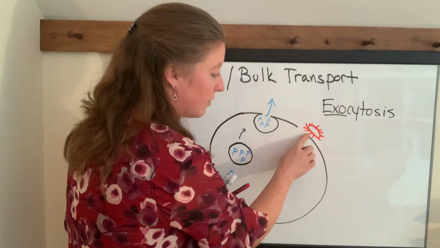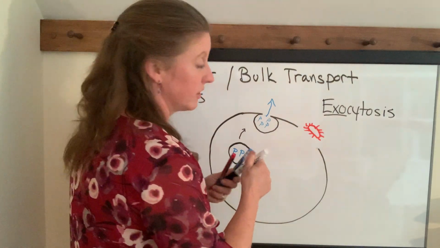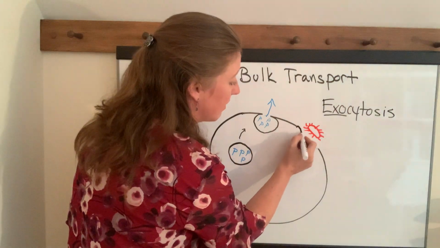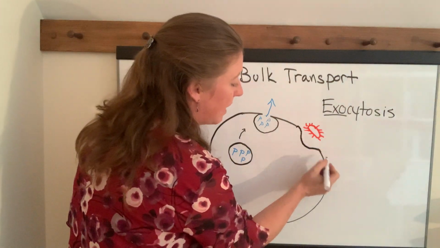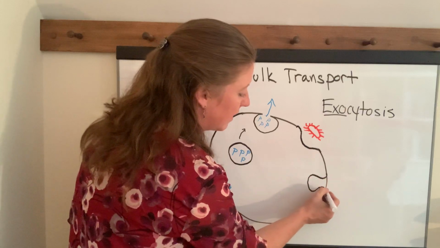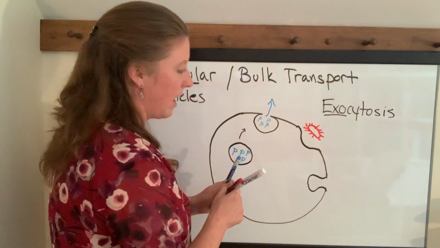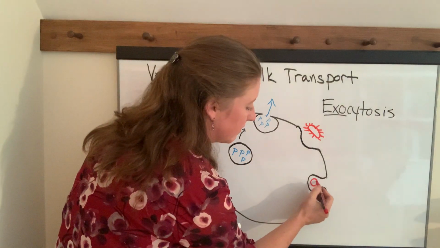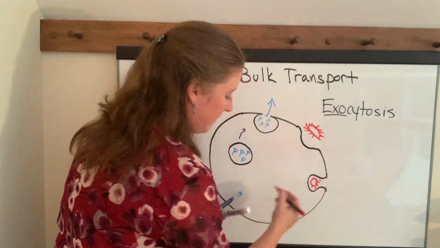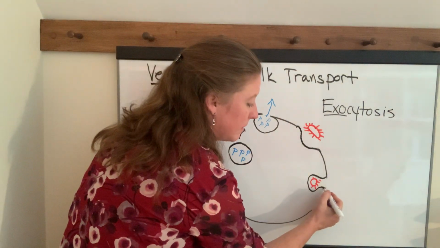First, it will make a little pocket. You have to ignore my drawing because I just broke the cell. But it creates a little pocket like this, and forms that pocket around the bacterium. And then the membrane pinches off.